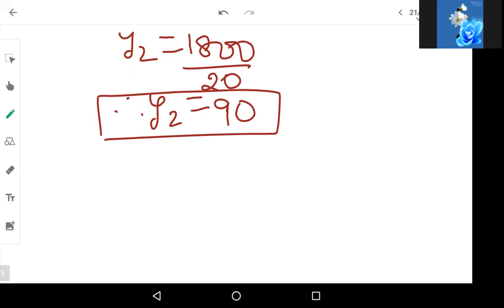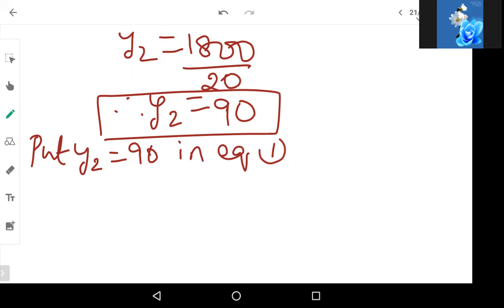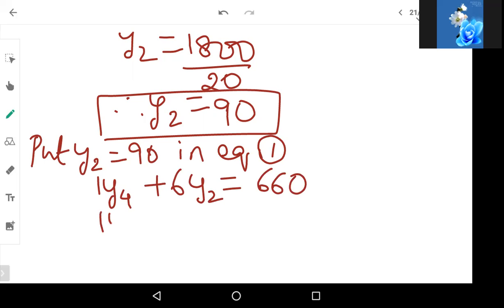Now once we have got 90 as the answer, put y2 is equal to 90 in equation 1. What is equation 1? 1y4 plus 6y2 is equal to 660. So 1y4 plus 6 into, in the place of y2, I am adding 90, is equal to 660.